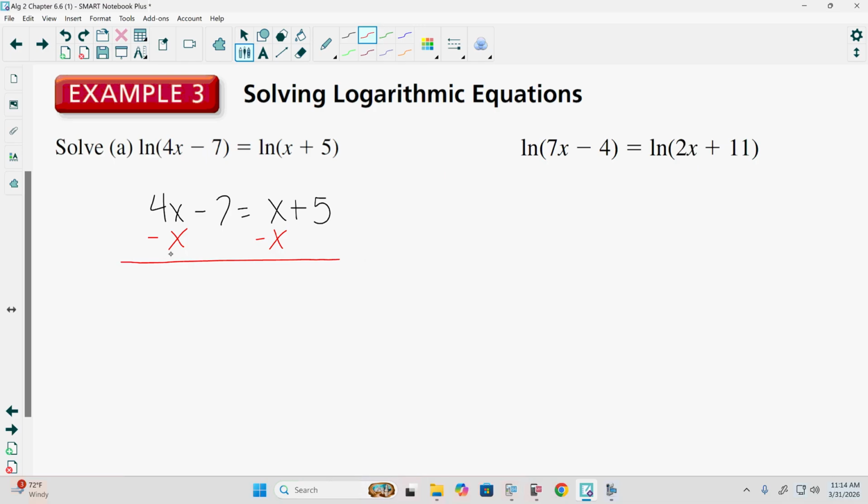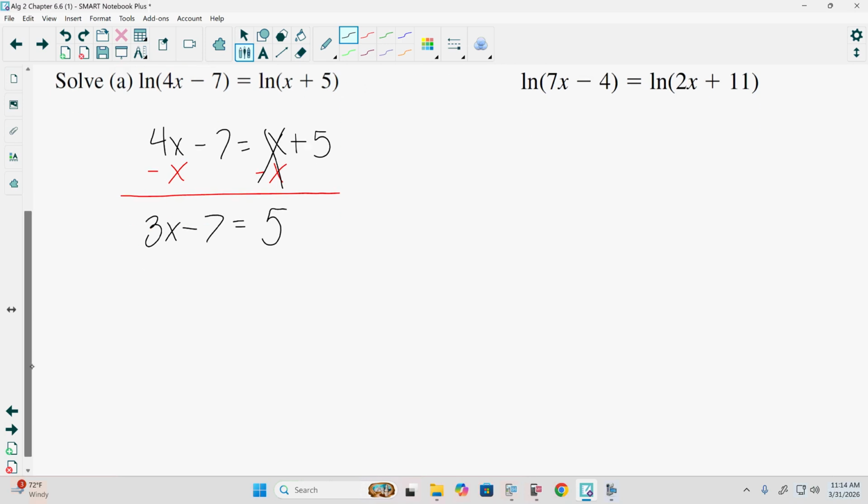So the first thing we want to do, we need to get the x's on the same side. 4x minus x is 3x, equal to 5. Then we can add 7 to both sides, telling us 3x is equal to 12.